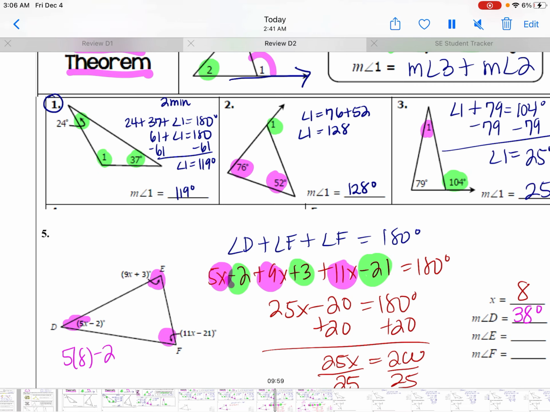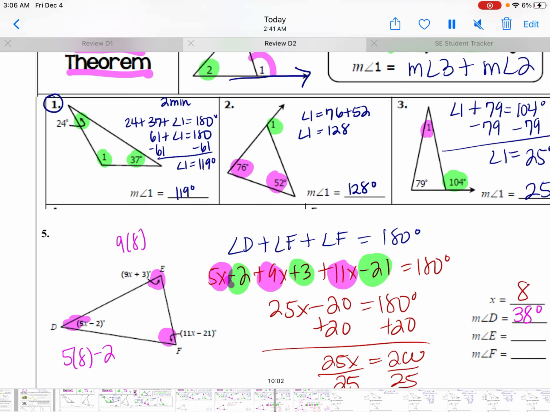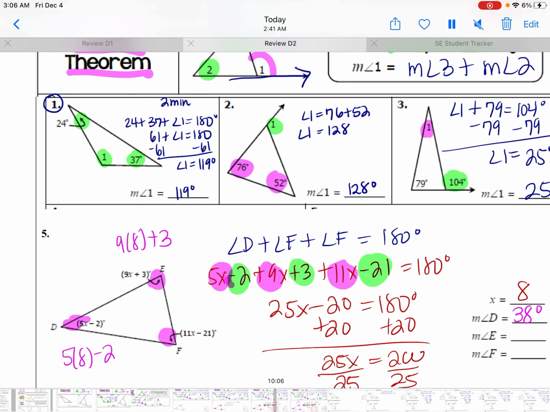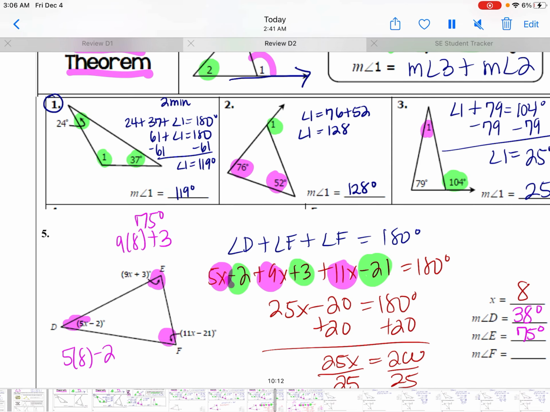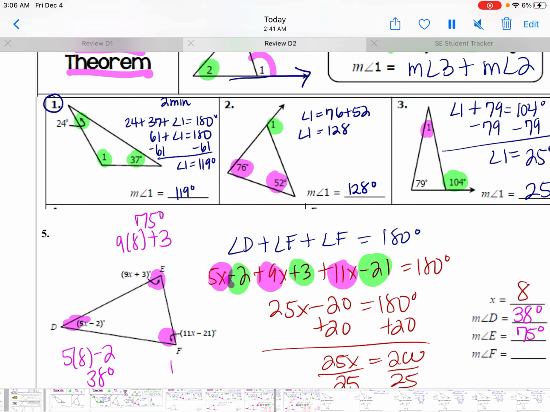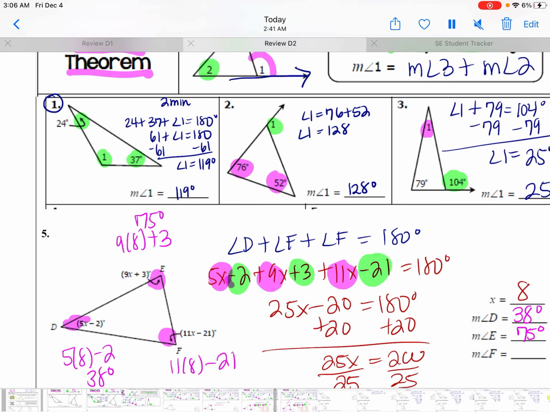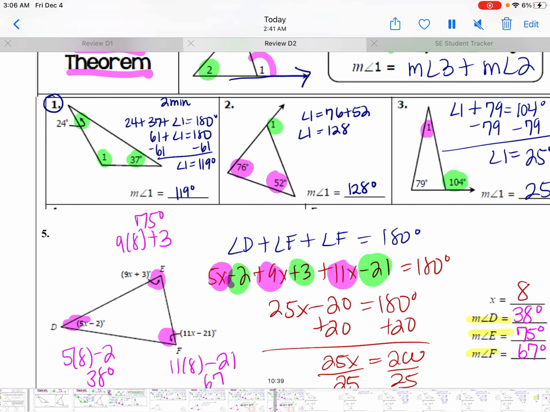Now continue with the same process. Substitute back into angle E, 9 times 8 plus 3, and that's going to give us 75 degrees. Now for angle F, 11 times 8 minus 21, and that's going to give us 67 degrees.